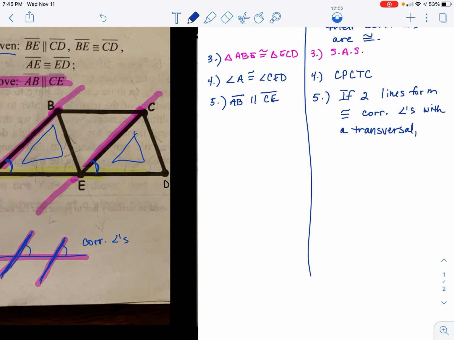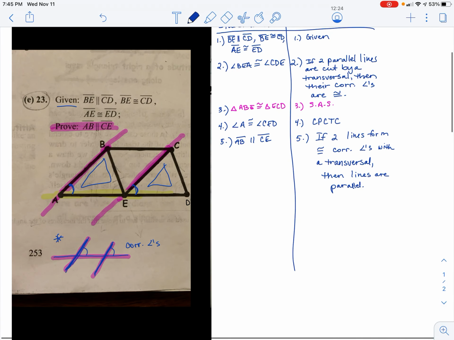And this would be in that one little packet I gave you too, and you could find this when you're looking under the parallel lines. This is like the converse of the original definition or theorem. Then the lines are also parallel. Okay, that is the proof for number 23.